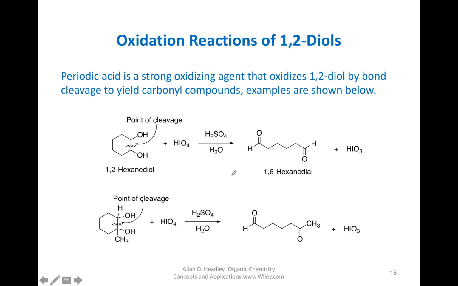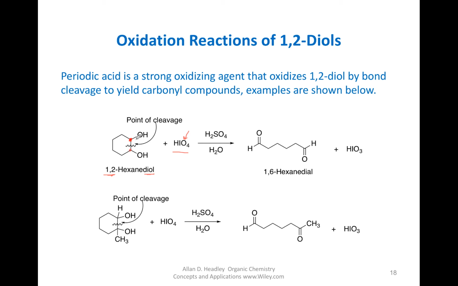Let us look at another type of oxidation, and this one is the periodic acid, HIO4. As you can imagine, it's a strong oxidizing agent because it has 4 oxygen atoms bonded to it. It is very selective, however. It will oxidize molecules or alcohols that are 1,2-diols. In other words, the diols will be on carbons 1 and 2, or adjacent carbons.